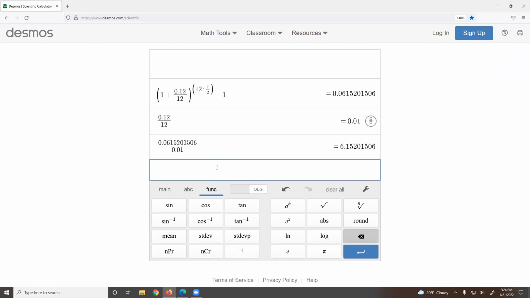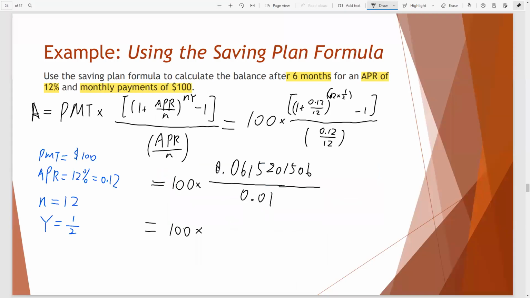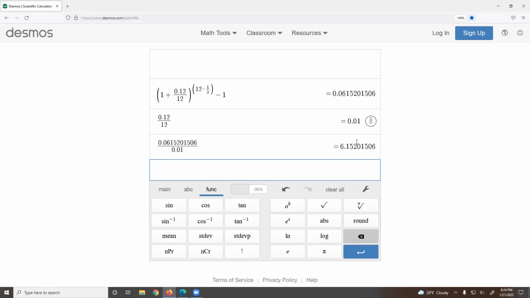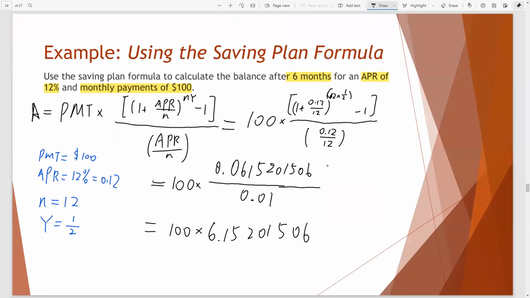We get 6.15201506, of course. Then multiply this number by 100. That's 615.201506. And that's money, so that's $615.20. Right, so the formula is not that tricky.